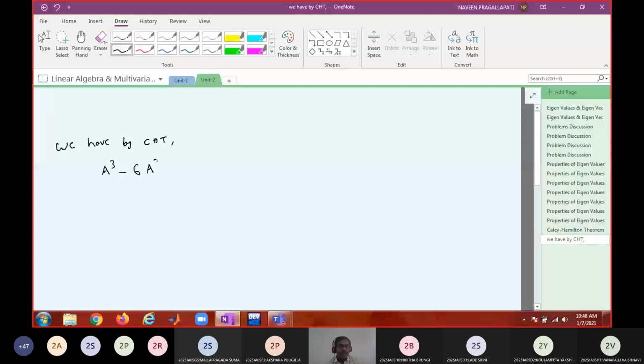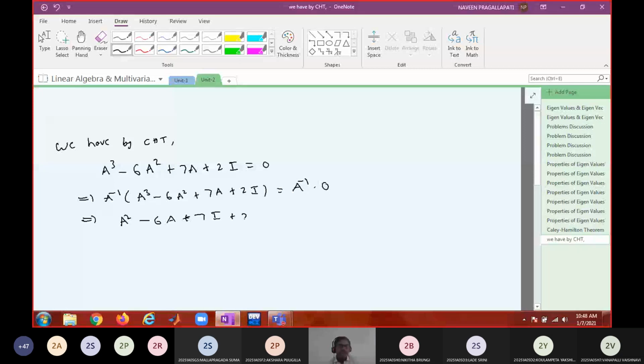This implies A inverse into A cube minus 6A square plus 7A plus 2I equal to A inverse into 0. Pre-multiply both sides with A inverse. That means A square minus 6A plus 7I plus 2A inverse equal to 0.